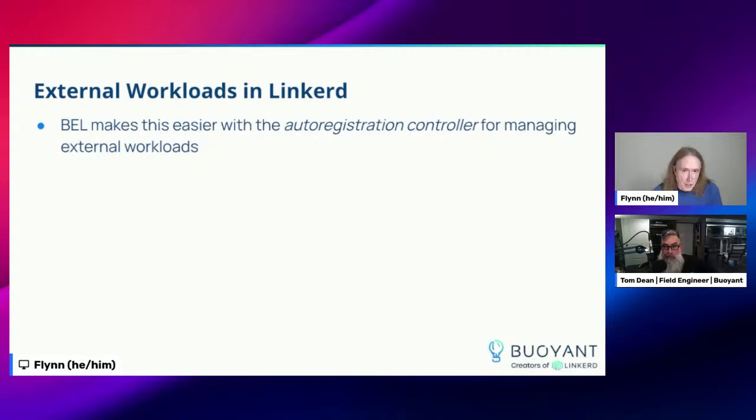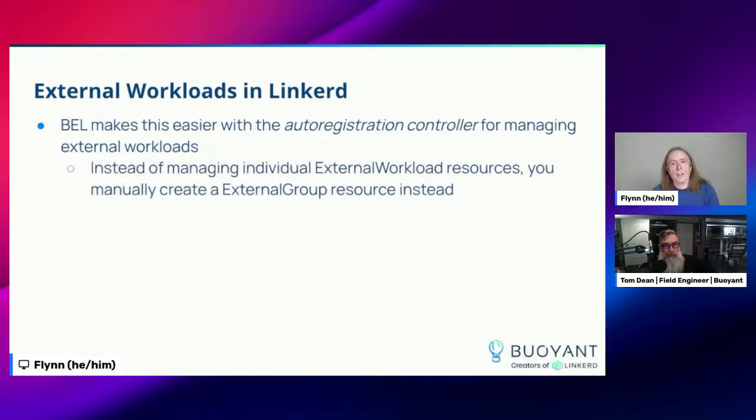Buoyant Enterprise for Linkerd makes all of this dramatically easier by throwing in an auto registration controller that manages external workloads for you. So the way it goes with this is, rather than having to manage each of the external workload resources yourself, you create an external group resource.